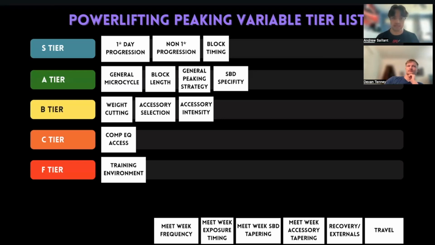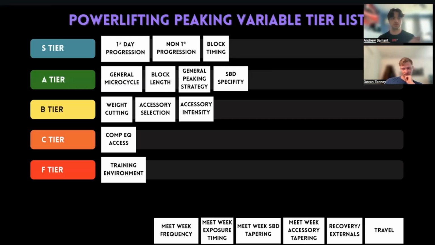The reason I would do that is because I don't really want somebody who's typically having 3 days of rest in between squat exposures to all of a sudden go to 5 days of rest in between just because it's the week of the meet and you want to save fatigue. So I think frequency is an important consideration in the sense that you may have to mess with it in the week of the meet in order to get things to line up.